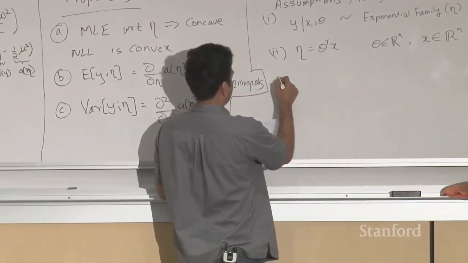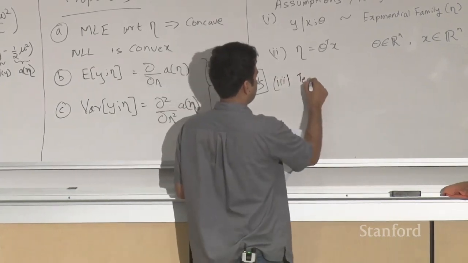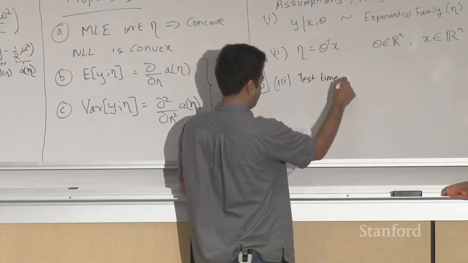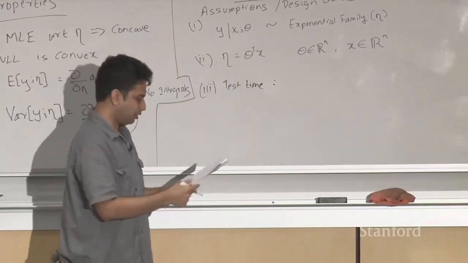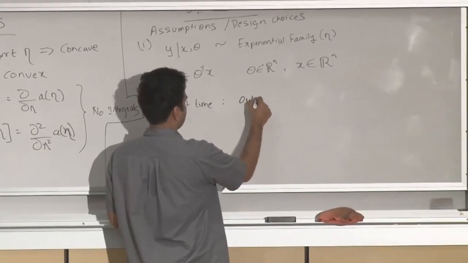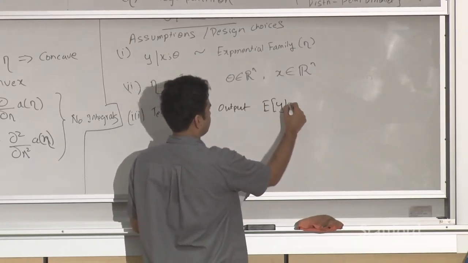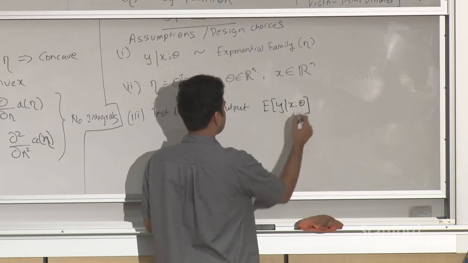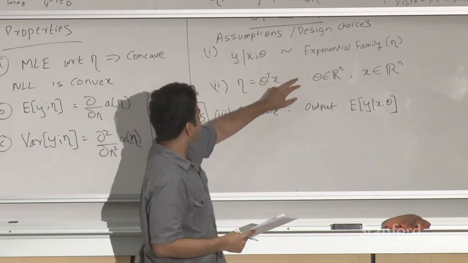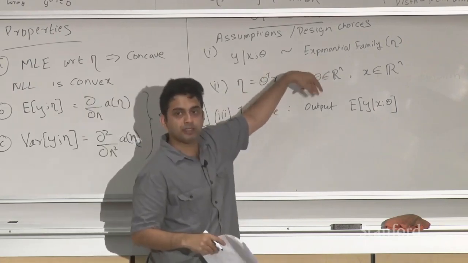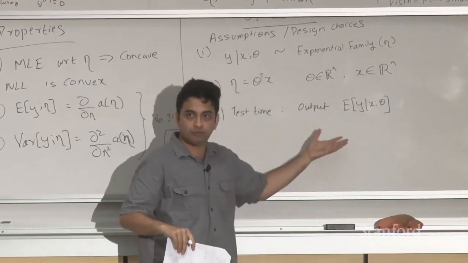And another assumption is that at test time, when we are given a new x, we want to make an output. Given an x, we get an exponential family distribution, and the mean of that distribution will be the prediction that we make for a given x.